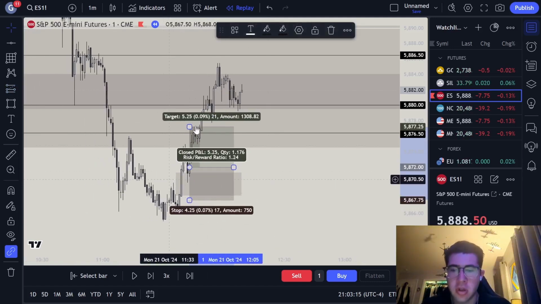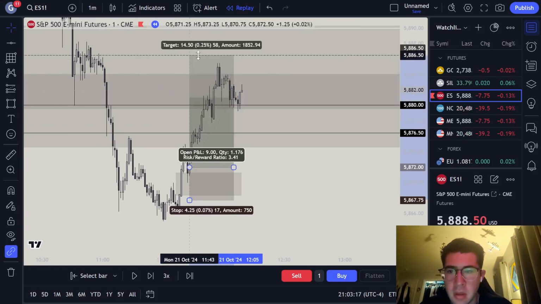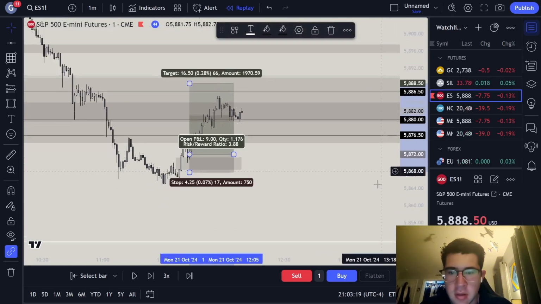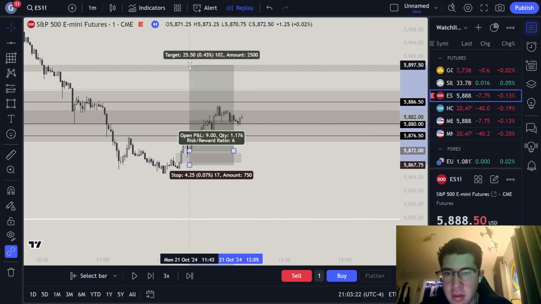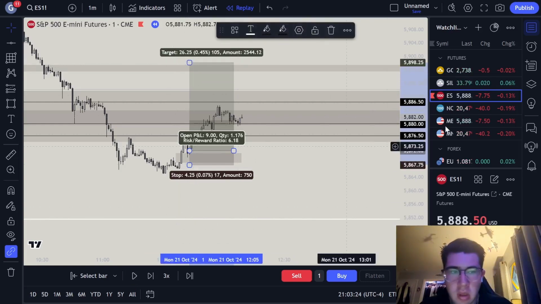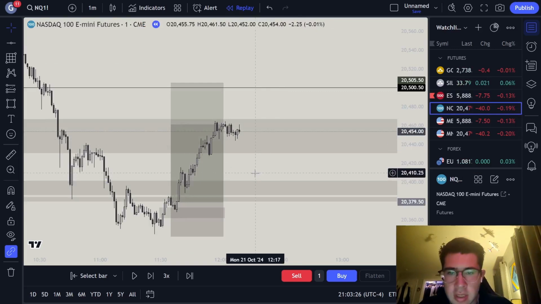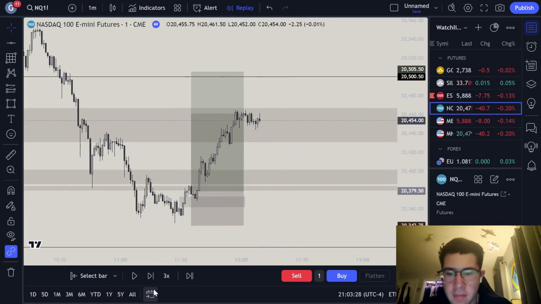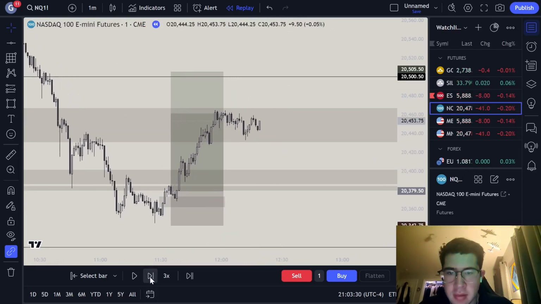Honestly, I probably would have got off the charts after 11:30. These are price targets here. All right, so these are the only trades that I see. And we can see what happens.